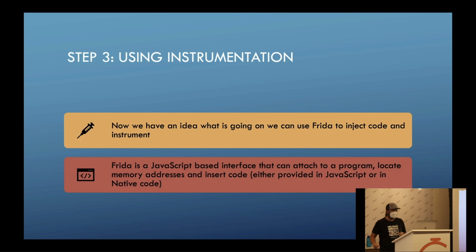So step 3 is what can we actually do with this information? This is where the second tool comes in, Frida. We want to be able to test our assumptions before the vendor releases a new library that we can actually look at. At the time, I only had what I suspected was broken code.